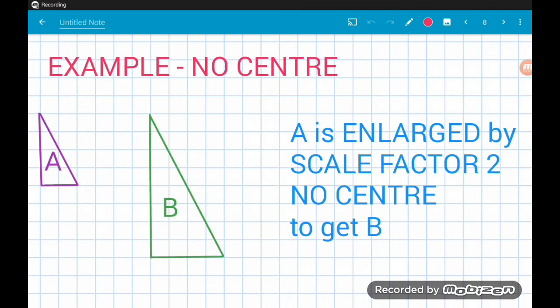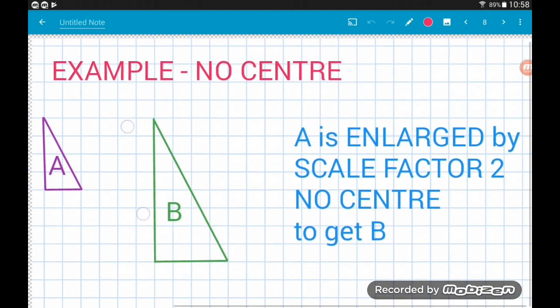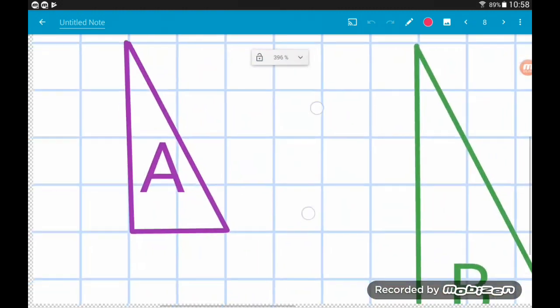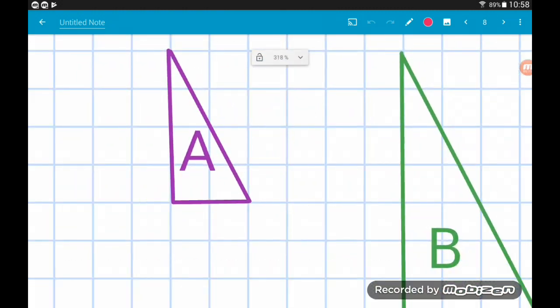Okay, so first up we'll take a look at an example without a centre. So first of all, let's take a peek at A. So A has a base length of 2 and a height of 4. So what we're doing in this example, we are enlarging by a scale factor of 2.